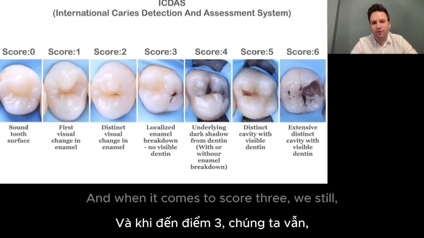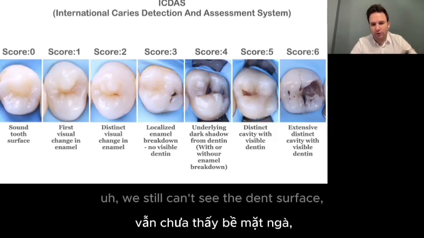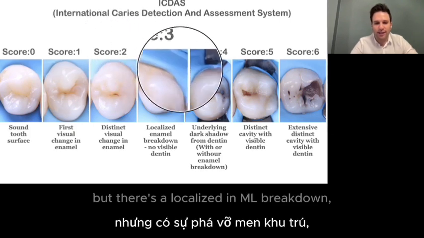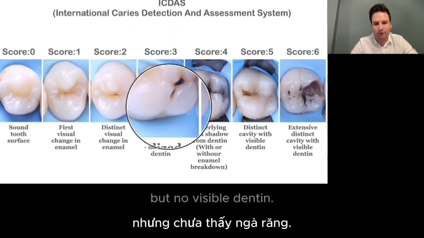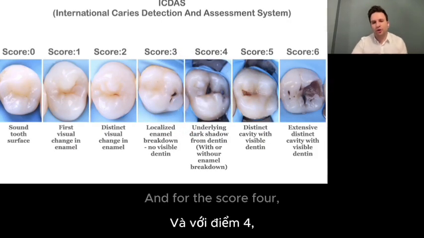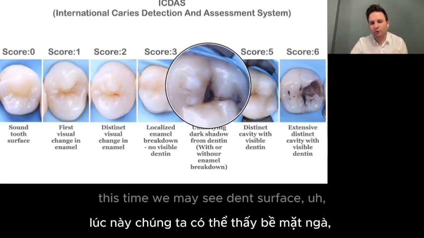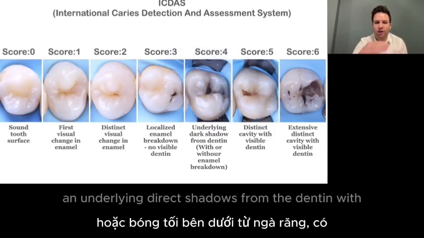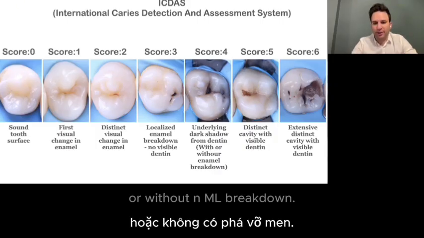When it comes to score 3, we still can't see the dentin surface, but there's a localized enamel breakdown, but no visible dentin. For score 4, this time we may see underlying dark shadows from the dentin, with or without enamel breakdown.